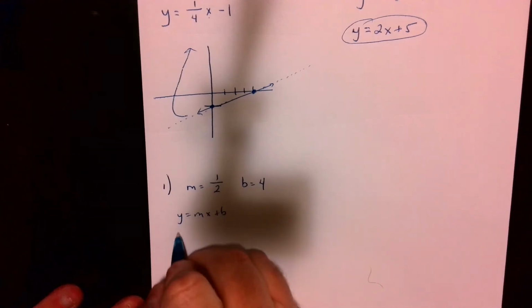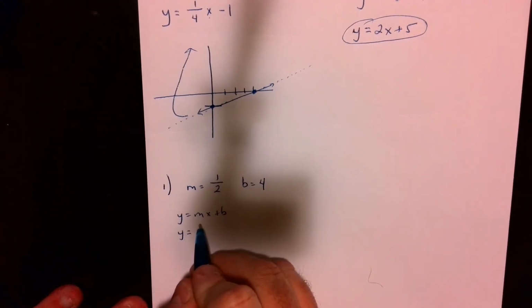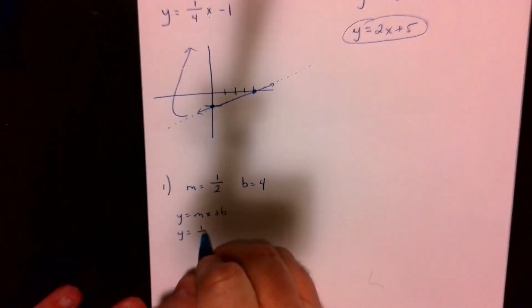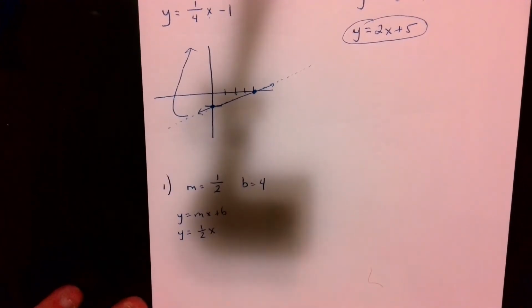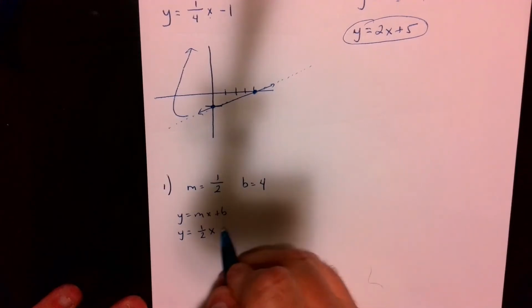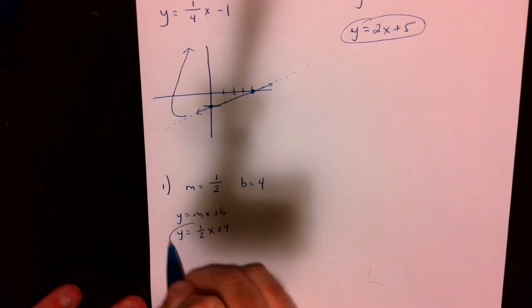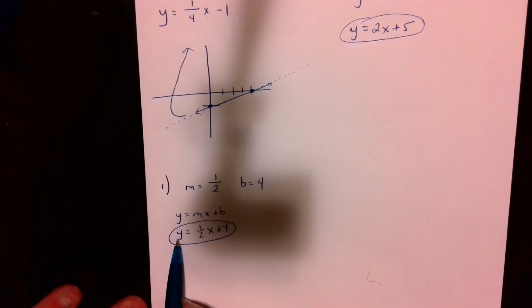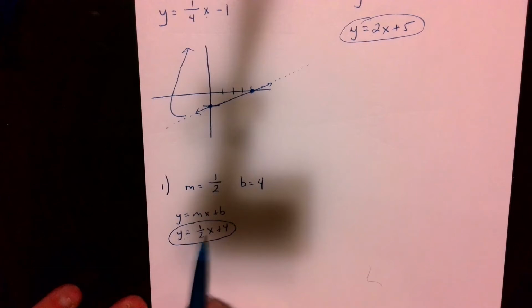This time as I write it, y equals not m, but my m is 1 over 2. Don't forget your x, get it in there. Y equals 1 over 2x, and then plus 4. There is your answer. You should still have a y equals and an x in every answer. Do not forget those. Y equals 1/2 x plus 4.